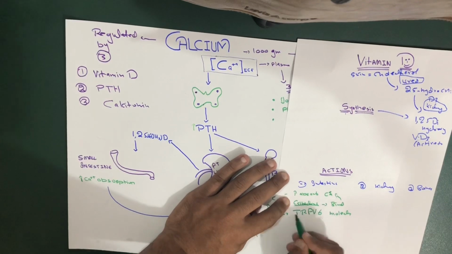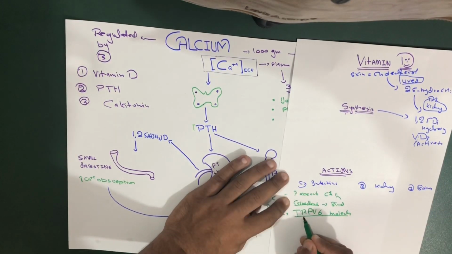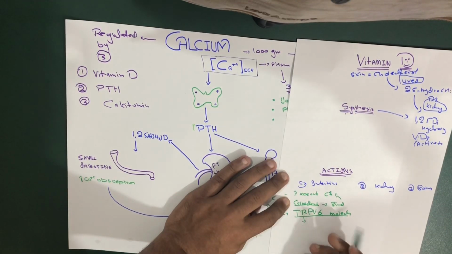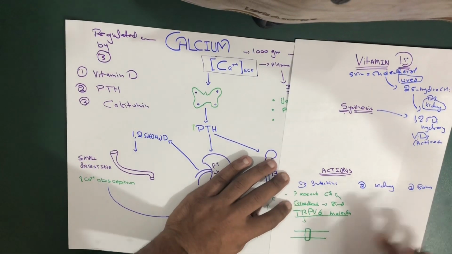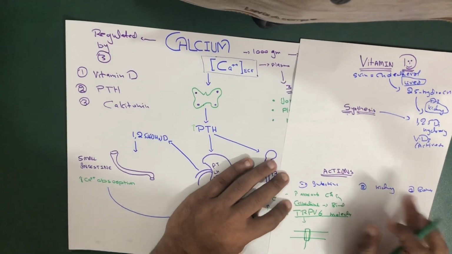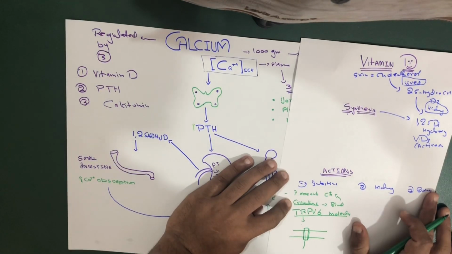These are protein membrane molecules. They actually help in the transportation of different molecules. This is your membrane, and these are the protein channels, your TRPV6 protein channels, through which the calcium gets from outside to inside. So vitamin D3 also increases the formation of TRPV6 molecules.